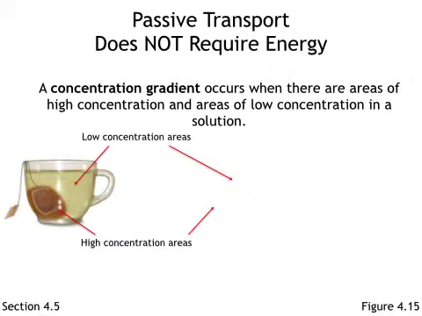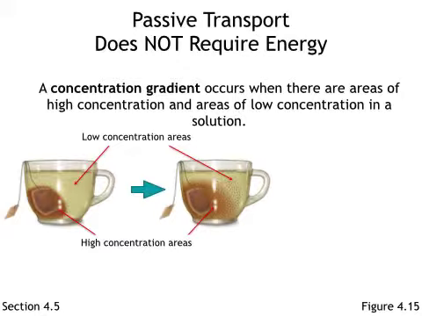For example, when you're preparing tea. Say you have your mug with your hot boiling water and you insert your tea bag. As it starts to diffuse, you automatically have areas of high concentration of tea and then areas that have no tea at all, so areas of low concentration. And that tea is going to diffuse through the boiling water.